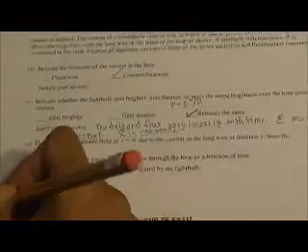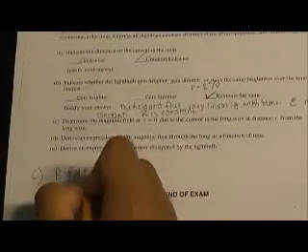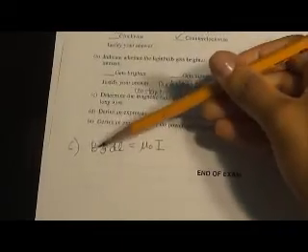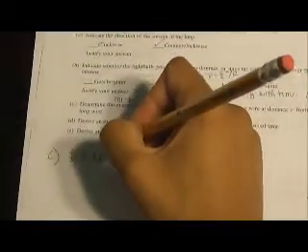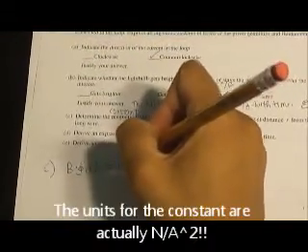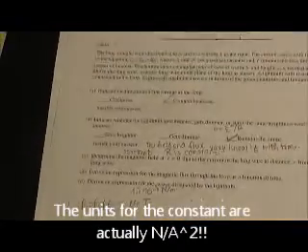Part C asks, determine the magnetic field at time t equals 0 due to the current in the long wire at distance r from the long wire. For that, we can go to this formula. The integral of B dl is going to be equal to mu naught I, where mu naught is this constant, 4 pi times 10 to the negative 7 newtons divided by amperes squared, and I is the current.